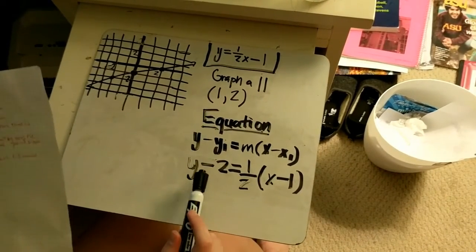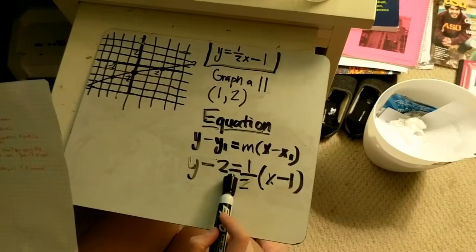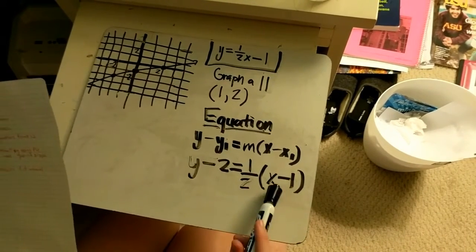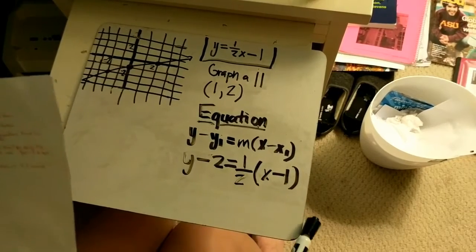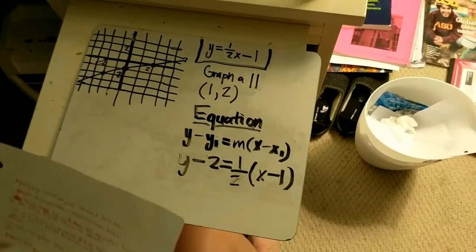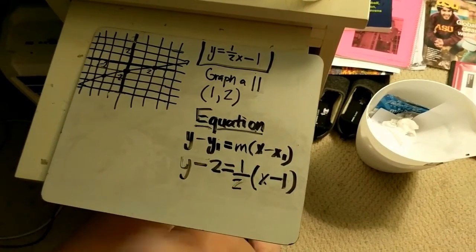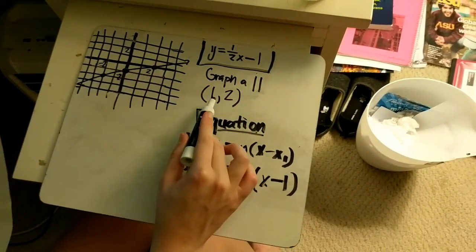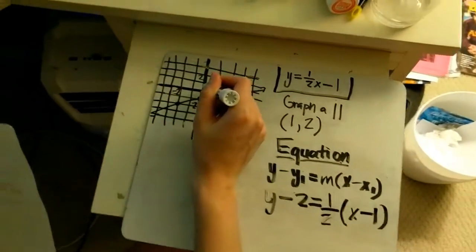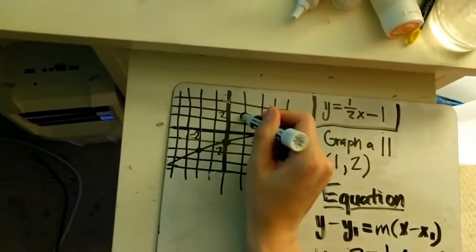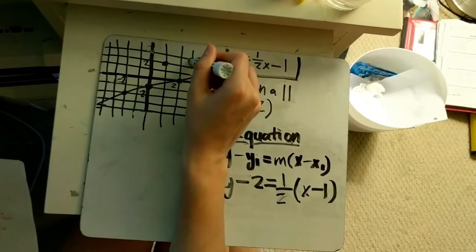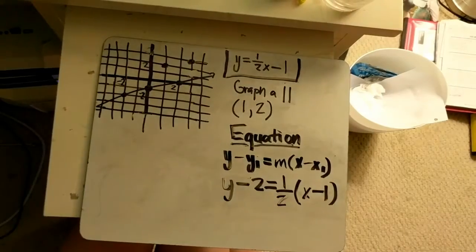This will turn out to be y minus 2 is equal to 1/2 times x minus 1, and we would leave it be. Now we will graph this line. We go to the point (1, 2), which would be right here. We'd go up 1 and over 2. That would be our next point.